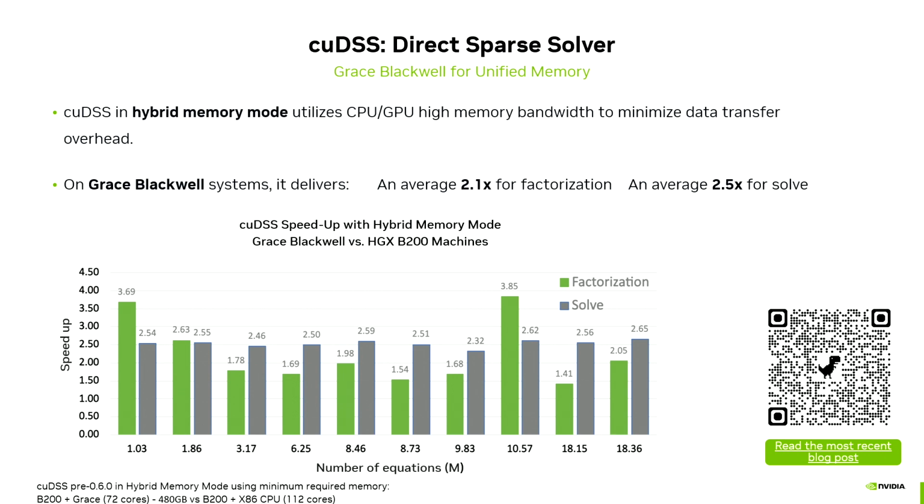In both cases, the chip is Blackwell, so it's a fair comparison. The only difference between these two systems is the CPU and the interconnect between the GPU and CPU. And you can see that on average, we have a 2.1 factor speedup for factorization and 2.5 for solve.